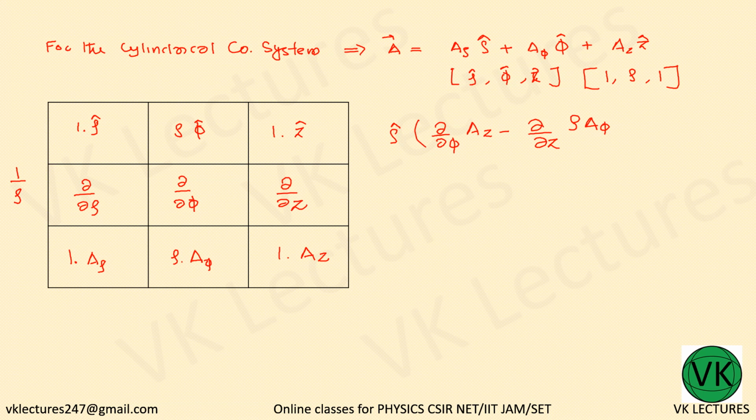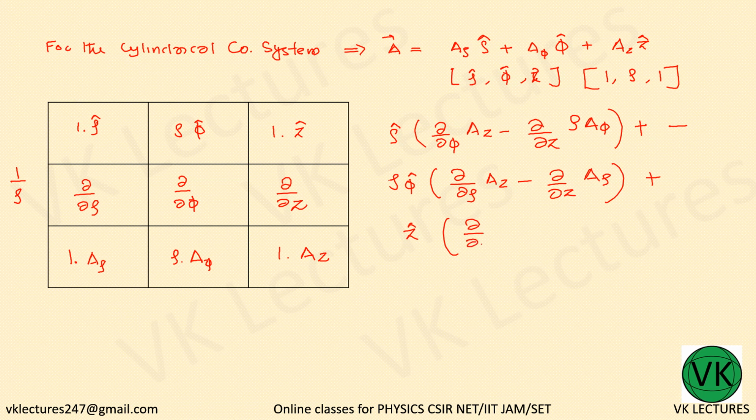So you have to multiply A phi with rho, plus, or you can write minus rho into phi cap times dou by dou rho of Az minus dou by dou z of A rho, plus z cap into dou by dou rho of rho A phi minus dou by dou phi of A rho.